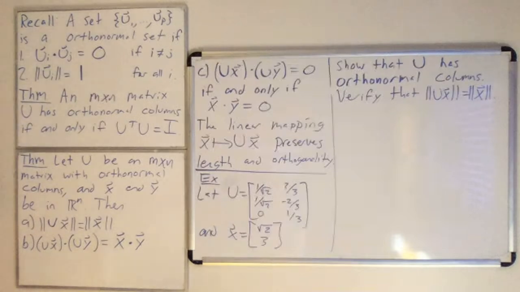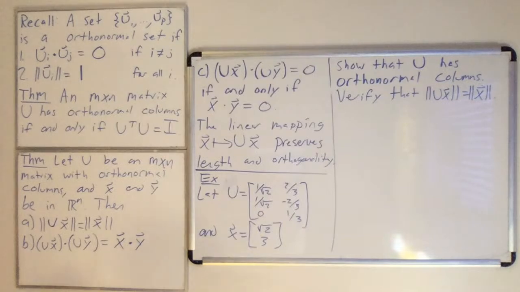Okay, so I'll give you a few minutes to work this out. Does somebody in the chat want to suggest how they're going to show that U has orthonormal columns? And if you're unsure, maybe just put a question mark or something, and then hopefully somebody could explain that to you.